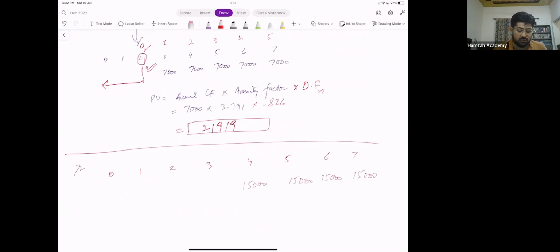Students, R is equal to 10%. Tell me its answer through annuity. Calculate on paper. WhatsApp group has been created or not? Let me check.